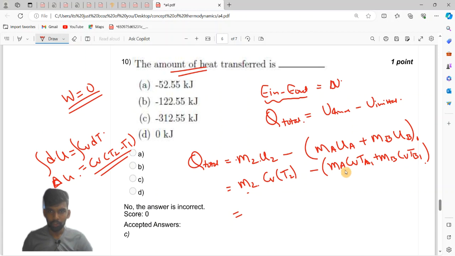M2 is known to us, MA is known, MB is known, T2 is known, TA1 is known, TB1 is known. The problem here is with Cv.